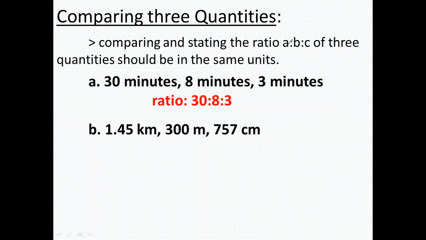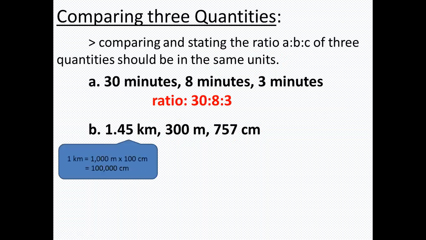Remember that when we convert units, we convert first 1.45 kilometers into centimeters. Remember that 1 kilometer equals 1,000 meters and 1 meter equals 100 centimeters. So we have two conversions involved here.